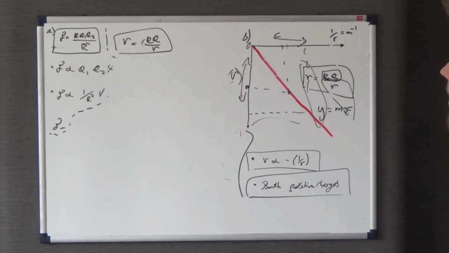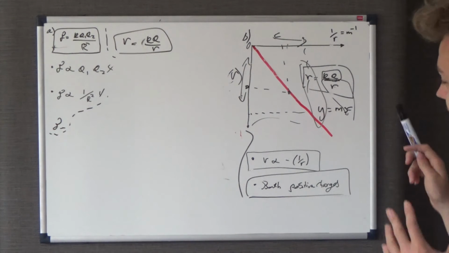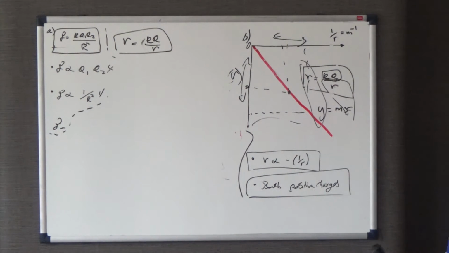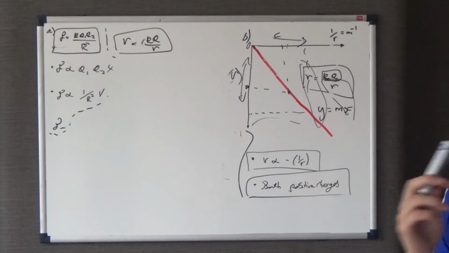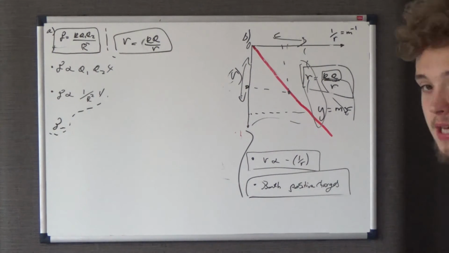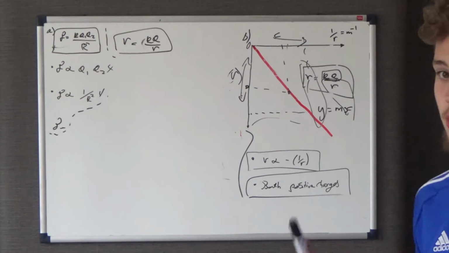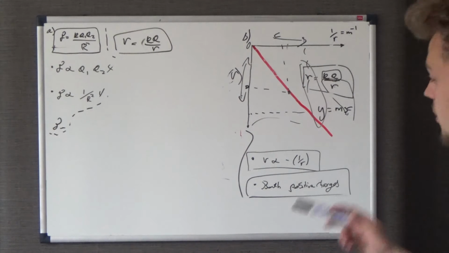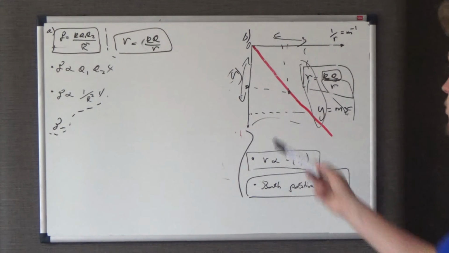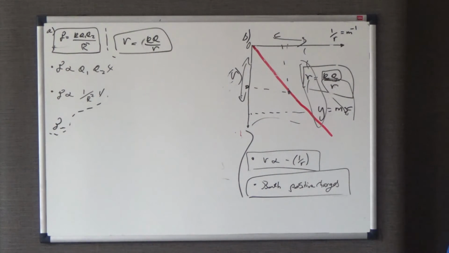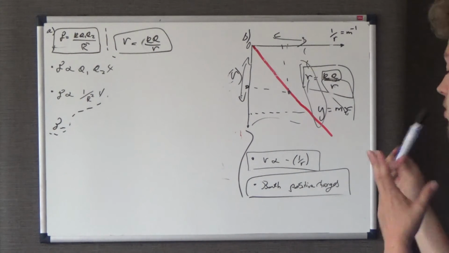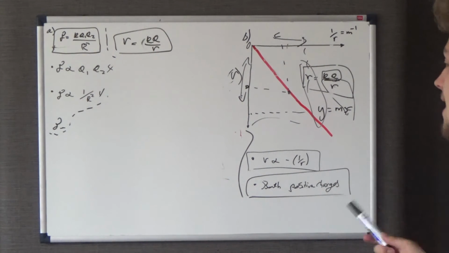Now I said that this is the same because it's a linear graph. We can use the equation y equals mx plus c, but because c is to do with where it intersects the y-axis, the origin, c is 0. So we could just say y equals mx. Because on the y-axis we've got V and on the x-axis we've got 1 over r, this relates to the equation V equals kQ over r.